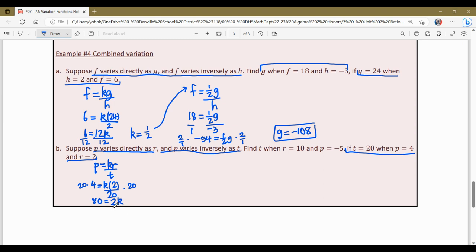Divide both sides by 2. And that gives us a K of 40. So now I can take that and plug it back in. P equals 40R over T.